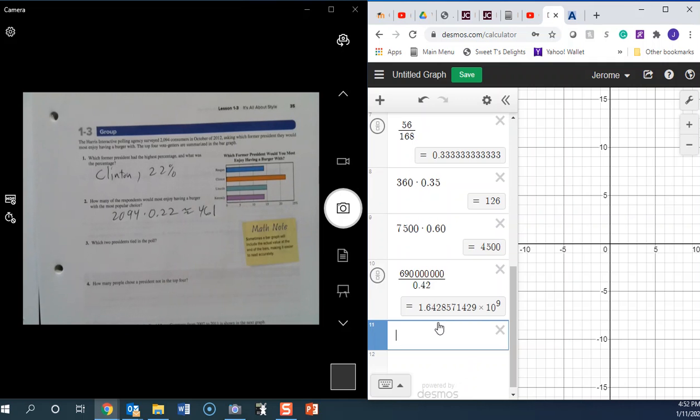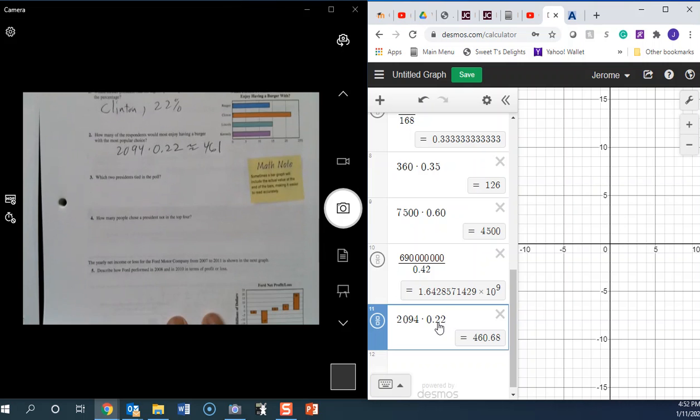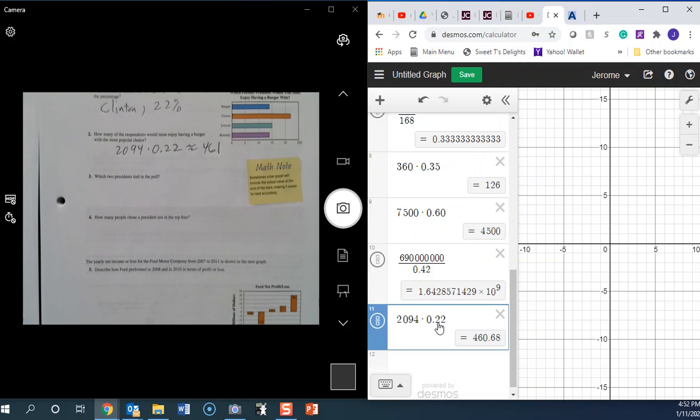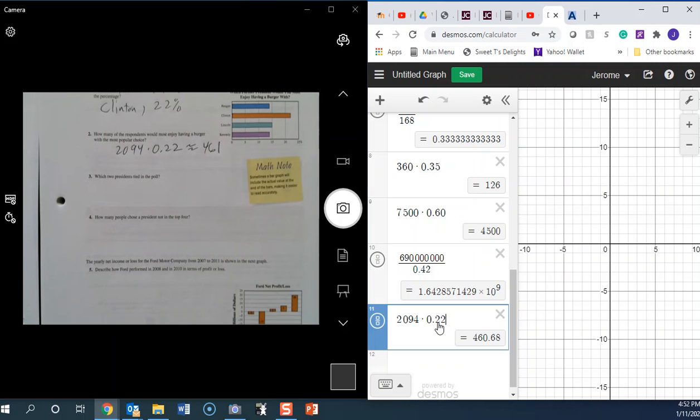We could type that in here: 2,094 times 0.22. And we have to round it to make it a whole number, because you can't have a decimal of a person. Now it says, which 2 presidents tied in the poll? It looks as though Reagan and Lincoln. No, actually it's Reagan and Kennedy.